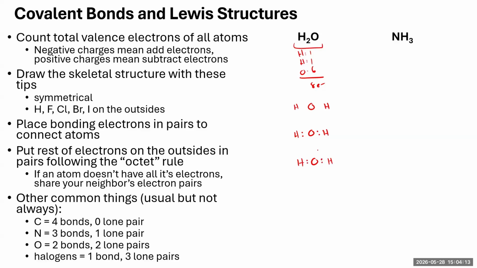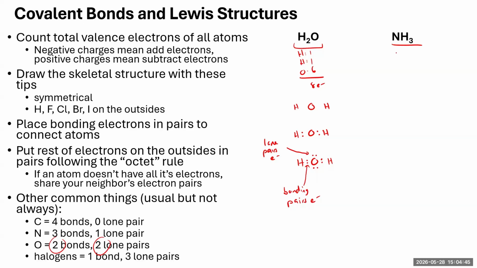But hydrogen can't hold any more, so we can only put them on the oxygen. And again, these are the lone pairs, and these are the bonding pairs of electrons. If you look at oxygen, 2 bonds, 2 lone pairs, we're good to go.